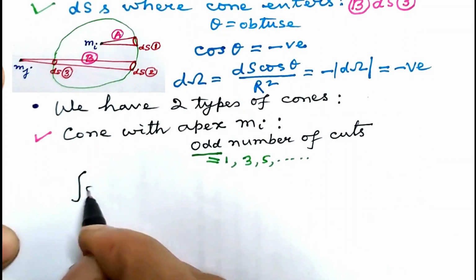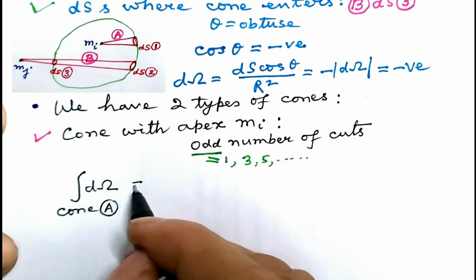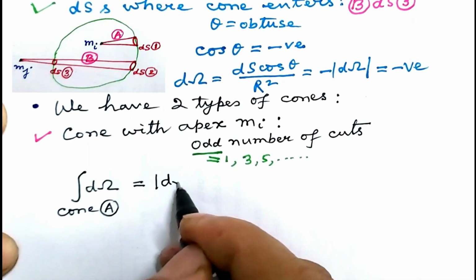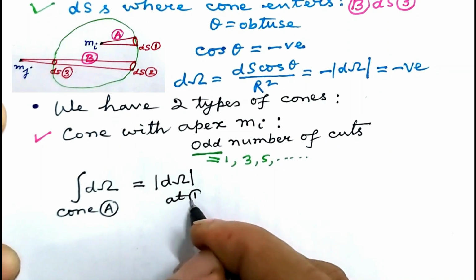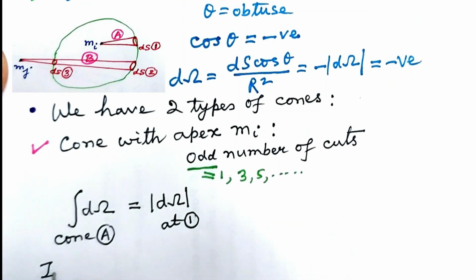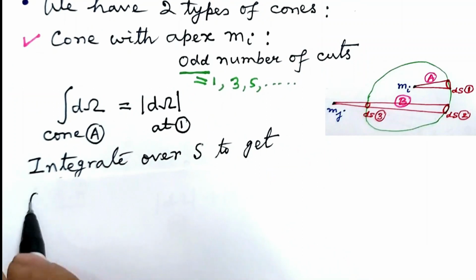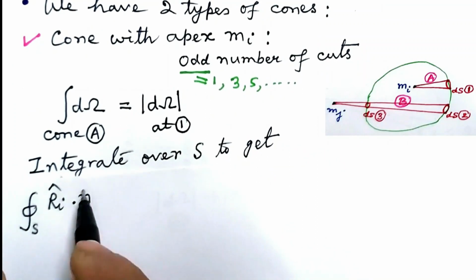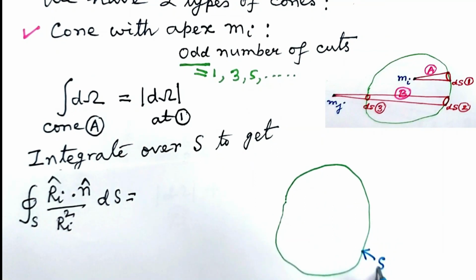Consider integration of d omega over the cone labeled by the letter encircled A. It is equal to mod d omega because theta is acute and we are referring to ds labeled by the number encircled 1. Now we integrate over S. Let us write the integral over S. This S consists of numerous, rather an infinite number of, surface elements ds's, such as this one.